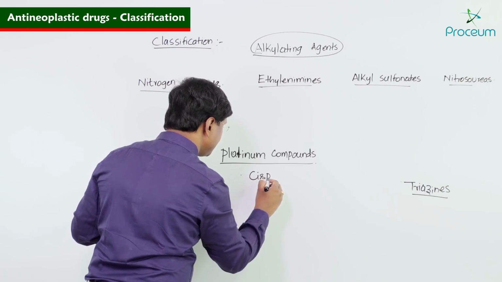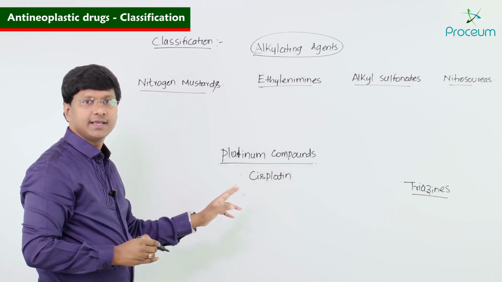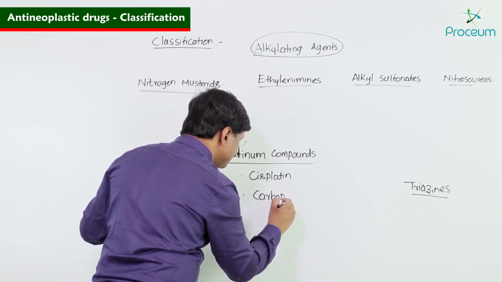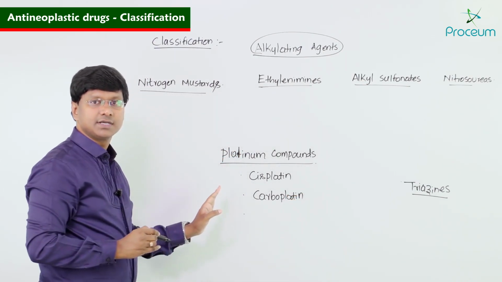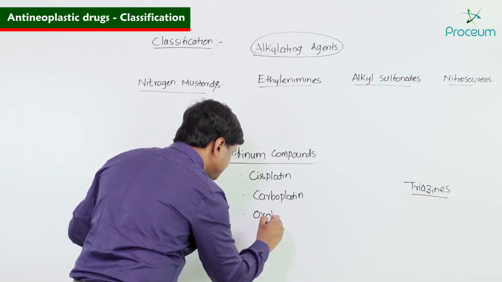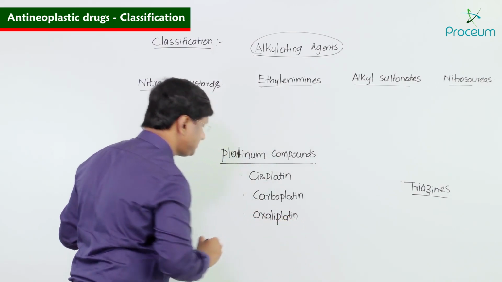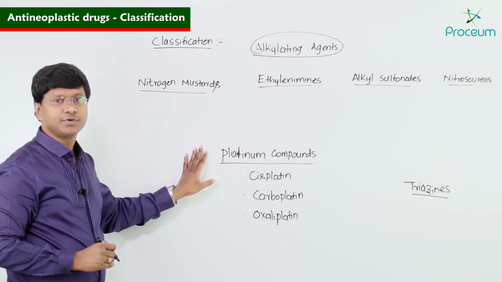They include cisplatin, the other drug is carboplatin, and the other drug is oxaliplatin. So these are your platinum compounds.